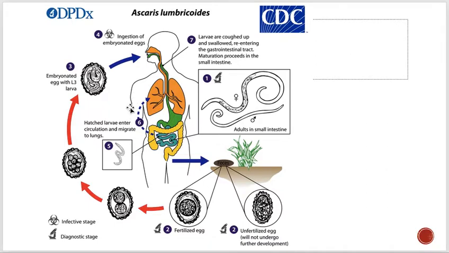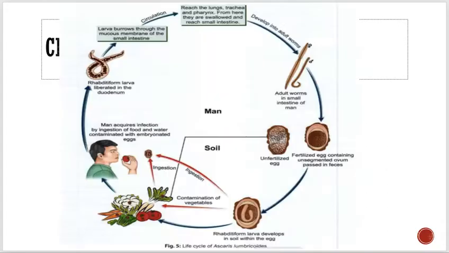This is the life cycle of Ascaris lumbricoides. You can see over here, ingestion, then it reaches the intestine, pierces it, reaches the lungs, and again is swallowed back into the intestines.